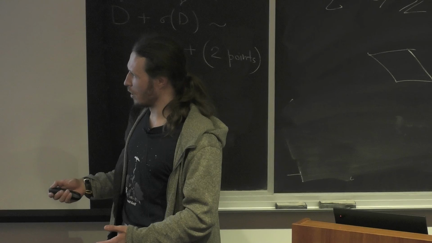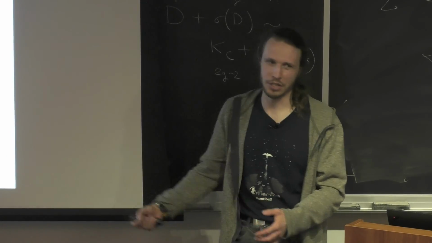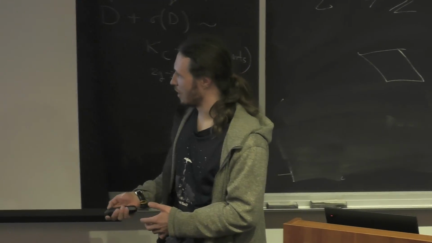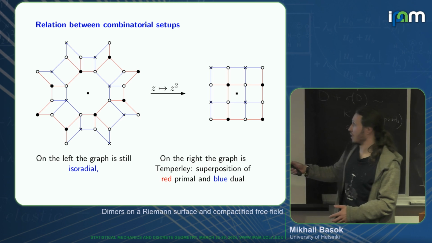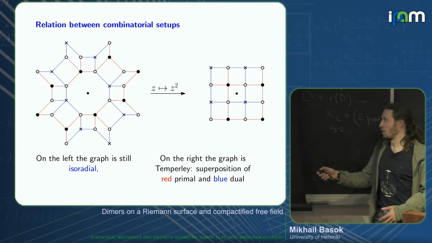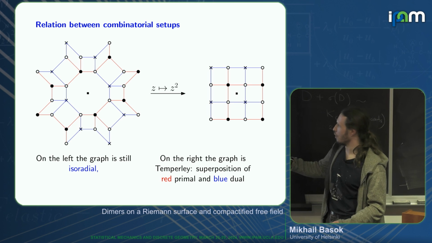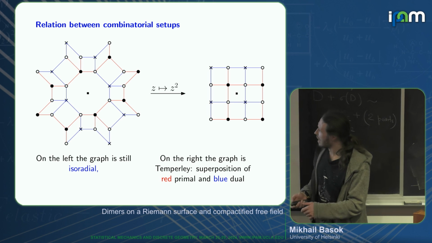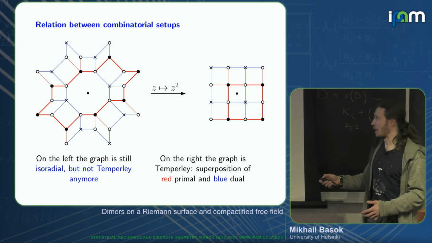Why do we want to say that these conical singularities are actually white vertices that are removed? There is a pretty simple combinatorial observation: if we take a double cover, for example, of a square grid, the square grid is a Temperley graph. It's a medial graph of two lattices, basically. Then the double cover will not be a medial graph anymore, right?